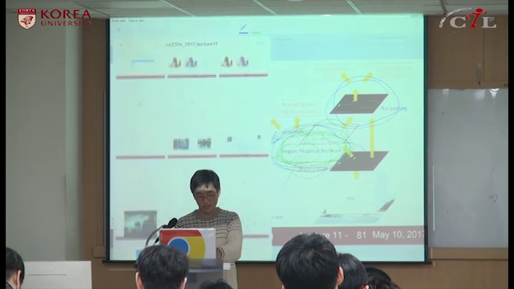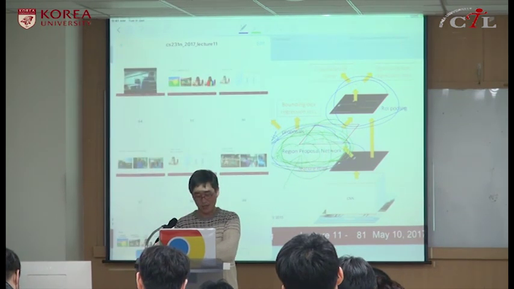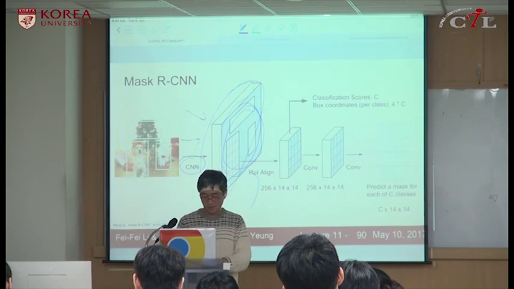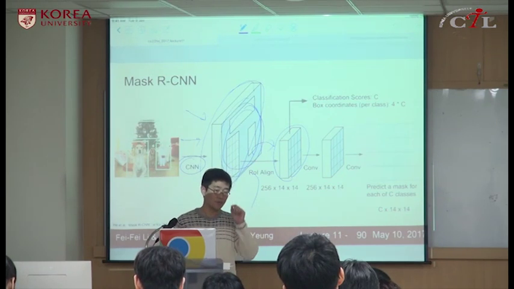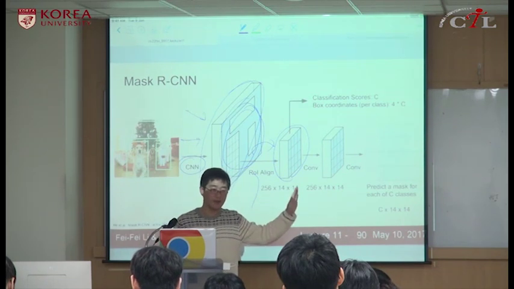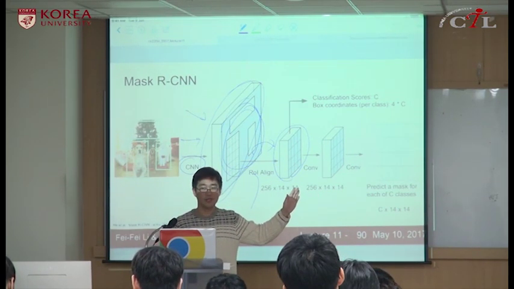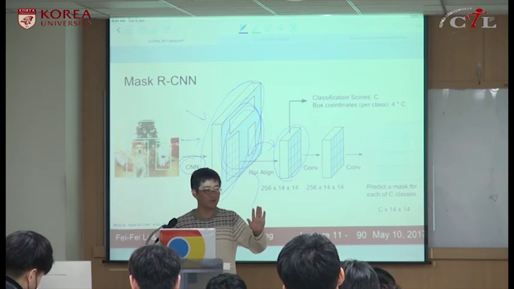So Mask RCNN certainly involves that module, and then given the bounding box extracted by our region proposal network, it's not following YOLO and SSD. Here we cannot assume that we obtain a fixed number of proposed regions.